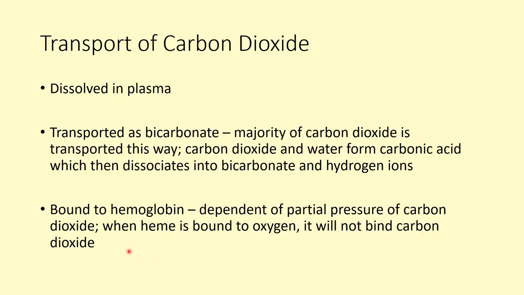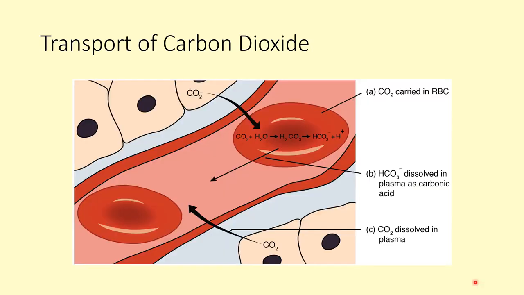Some of the CO2 is also bound to the hemoglobin. Now, it's going to be dependent on the partial pressure of the carbon dioxide, as we've seen. If the heme has oxygen bound to it, then it will not bind carbon dioxide. It has a greater affinity for oxygen. So transporting, once again, of the carbon dioxide, some of it is dissolved.